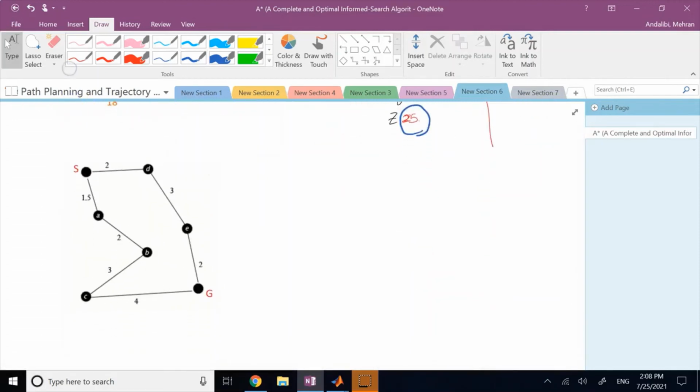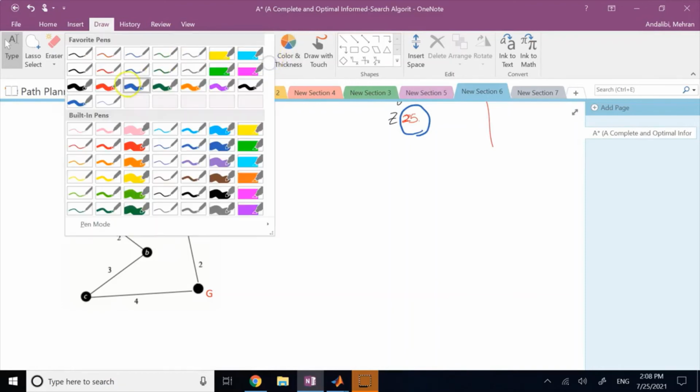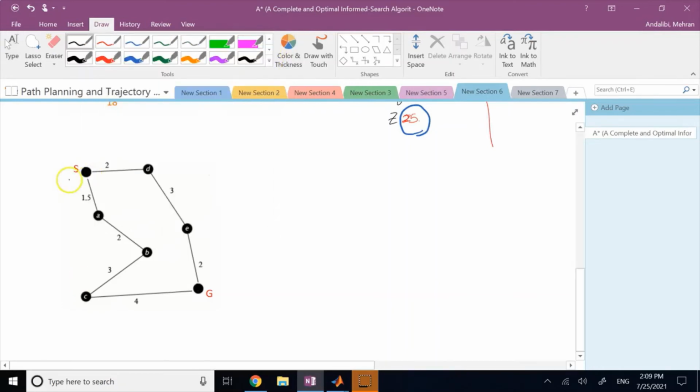Now, let me show you another example here. That's the same thing, kind of, but let's take a look at that. So here I'm starting at point S, and then I am going to go to G, right? So all I can do is to go to A and D. That's all I can do.